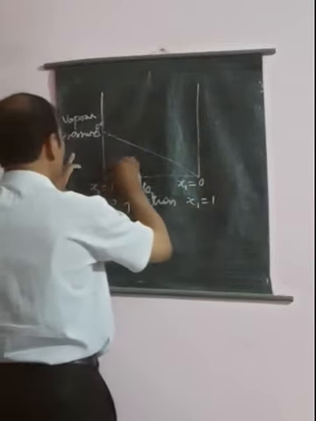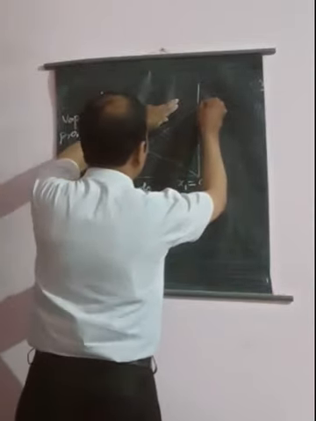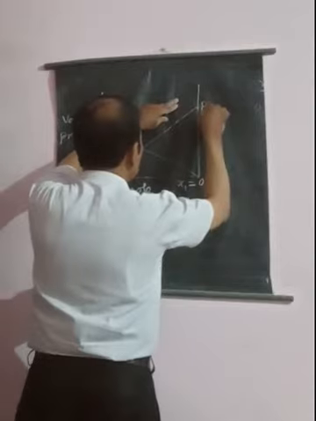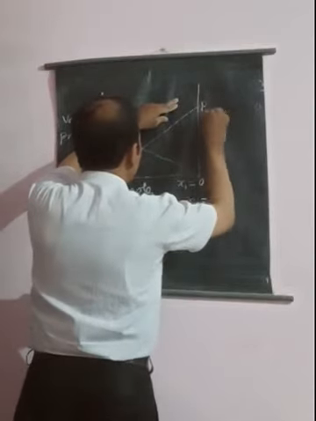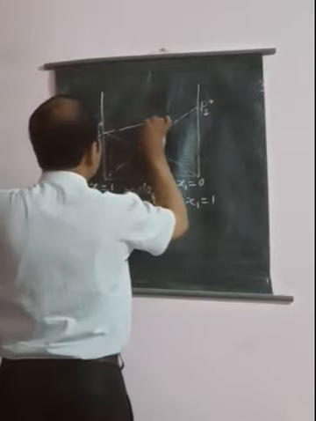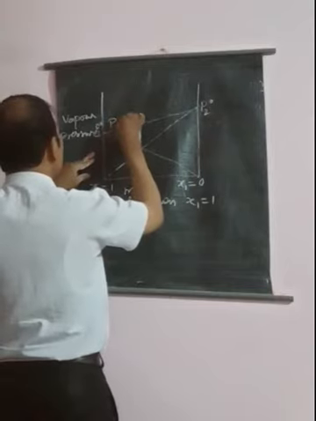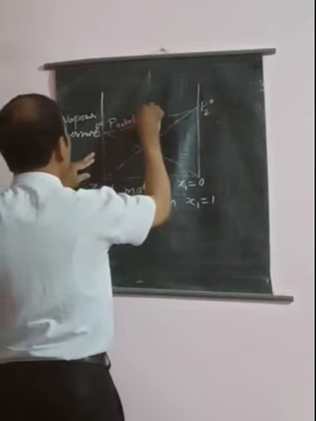If we plot the graph for the second component, its vapor pressure will be shown here. That will be P2 naught. On joining both these lines, we get P total.